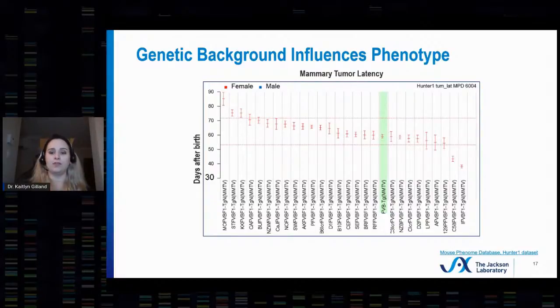So all of this can really drastically change how you might consider designing your experiment, because in one case, it's going to take about 85 days for tumors to develop, and in the other case, around 40 days. This is a much more extreme example of what can happen, but it's really important to consider when designing your experiments.